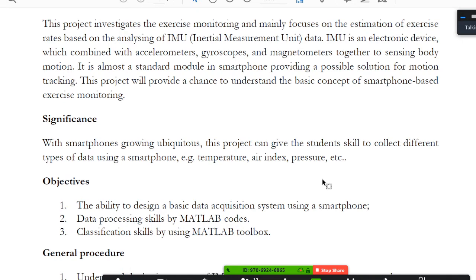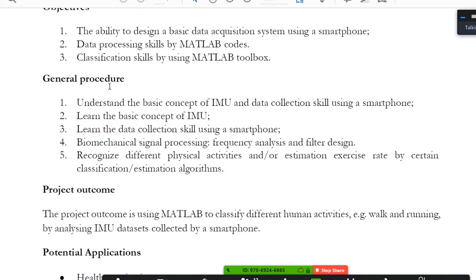The procedure again is like the basic skills: how we use a smartphone and learn the basic concept of IMU, all the same, and learn data collection using a smartphone and biomedical signal processing. This one needs a little bit of frequency analysis. Today I will do frequency analysis. That means the rate is like frequency. It's how frequently you move.